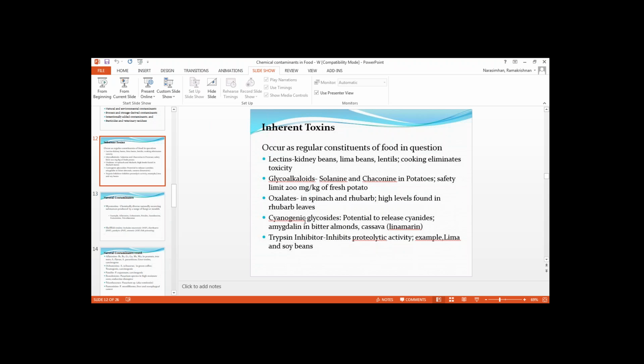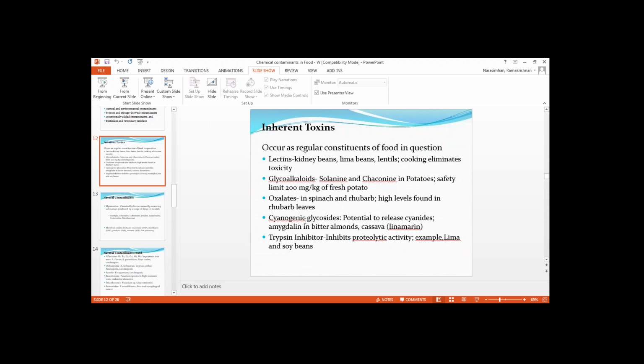Example, lectins in kidney beans, or they may also get produced at increased levels as a response of the foodstuff to some sort of stress. Even plants undergo some sort of stress. Animals also undergo some kind of stress.